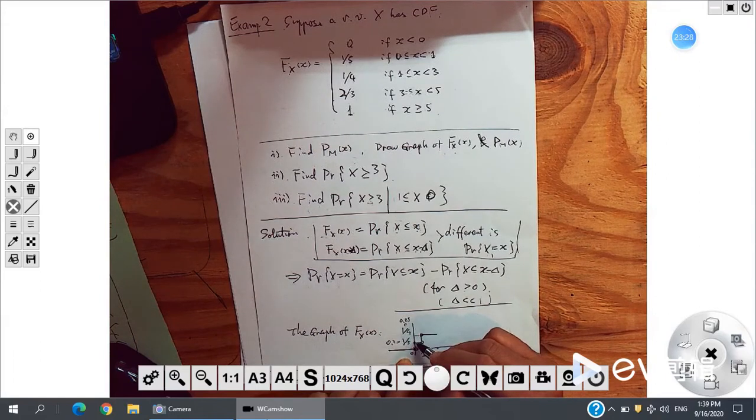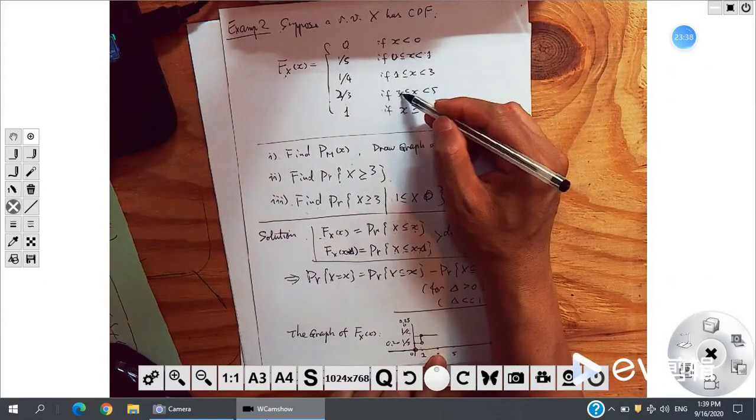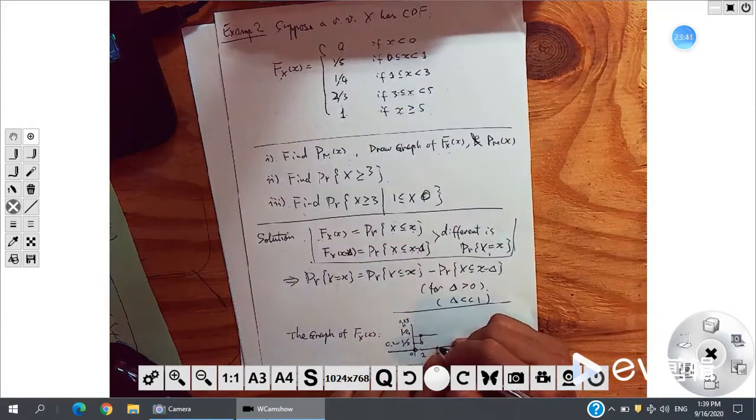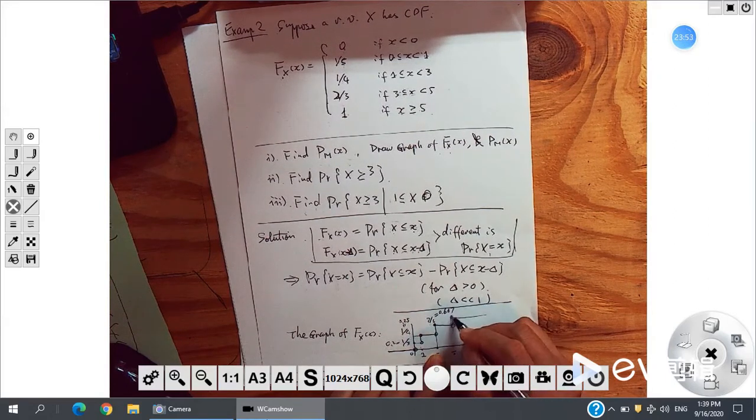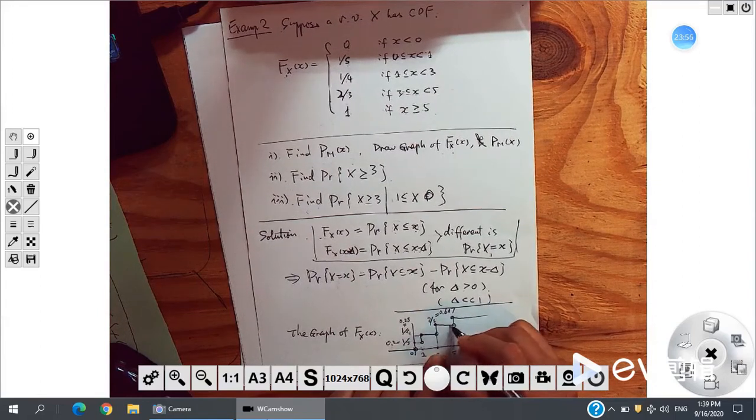And when we go to 3, at 3 I have a jump to 2/3. So here will be 2/3, which is 0.667, right? And then 2/3, then 1.